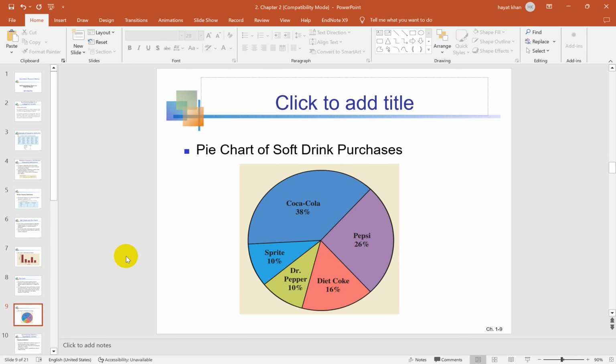Here is the pie chart of soft drink purchases. Coca-Cola is 38%, Sprite 10%, Dr. Pepper's 10%, Diet Coke 16%, and Pepsi 26%.